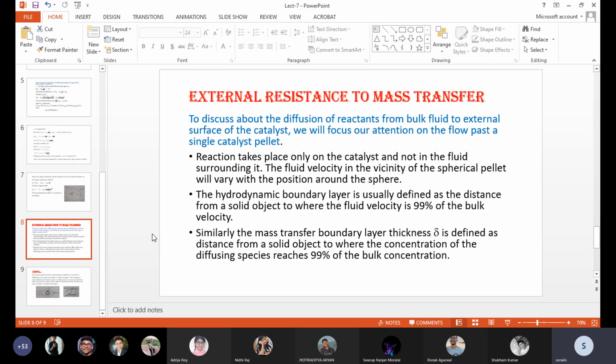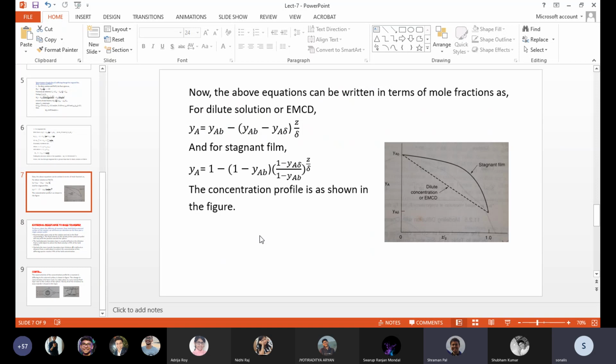Now, I have discussed till now about the external diffusion, diffusion of the reactant molecule from the bulk to the catalyst surface. How do we calculate delta? Look, you cannot calculate delta that way. It is actually assumed.